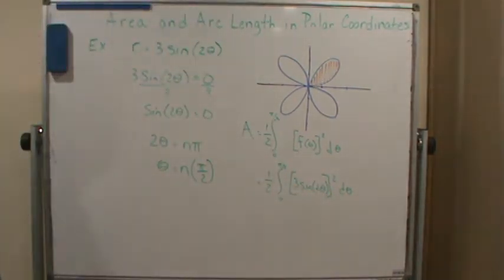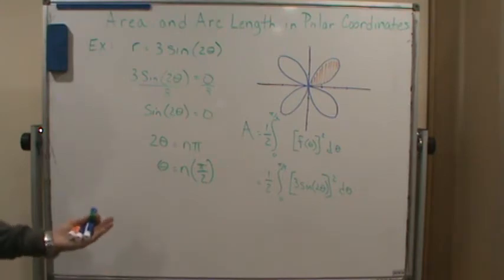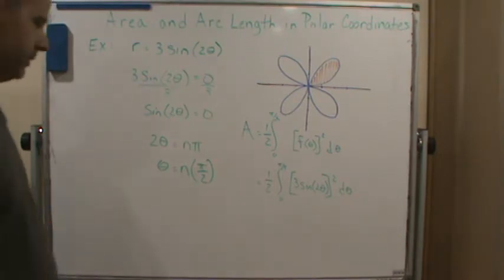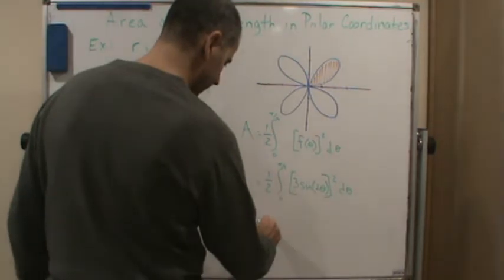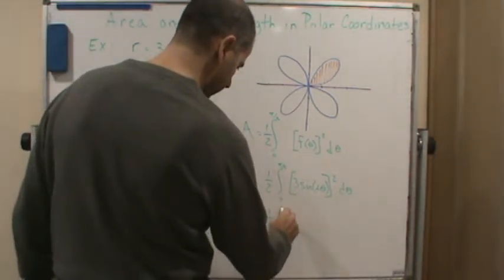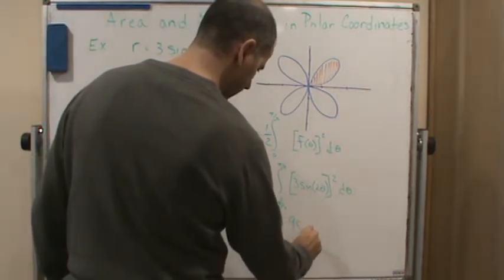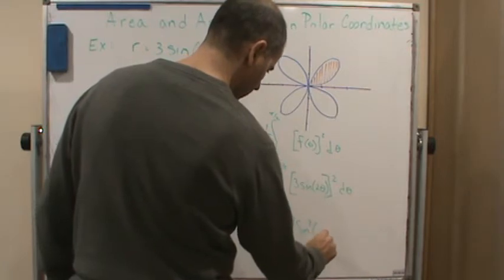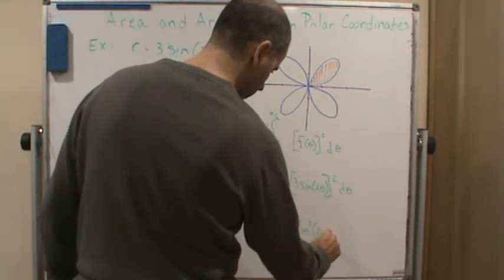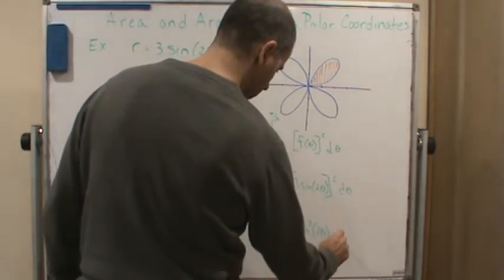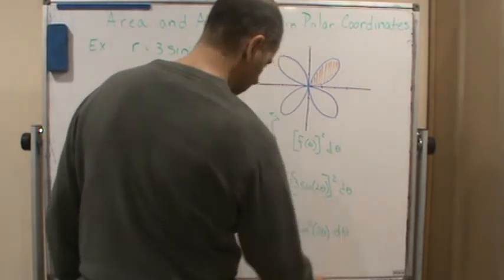Now we're just going to use the properties of exponents and simplify this. What do we get? This is equal to 1/2 the integral from 0 to pi over 2 of 9 sine squared 2 theta d theta.